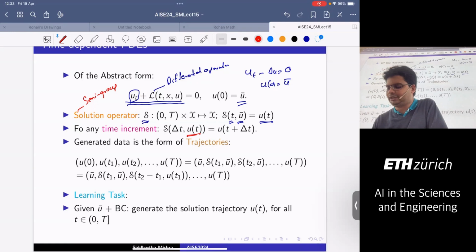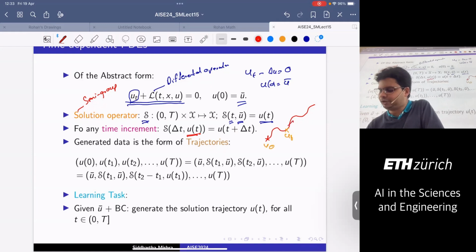So let's say that you're starting at, perhaps it's good to do some geometry. So let's say that you have a solution trajectory. I'll just show it in 1D, meaning not as a video, but let's say that this is a solution trajectory, something like this. For instance, a solution of an ODE, right? And this is your U0, this is your UT. So if you start at U0 and you supply T plus delta T, you will reach this point here.